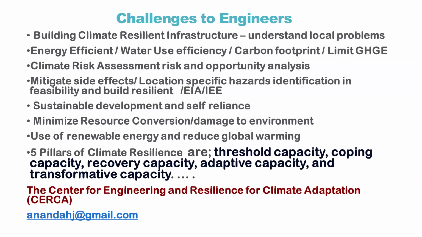No, it's actually not a point of an event, but it is gradually increasing. After the threshold, the rate of deaths will increase. Coping capacity will reduce. Recovery capacity will reduce.